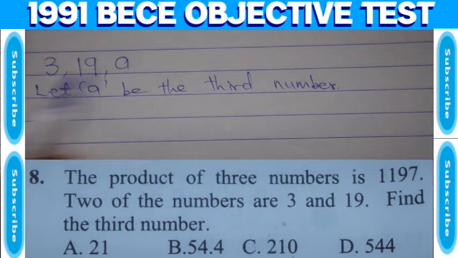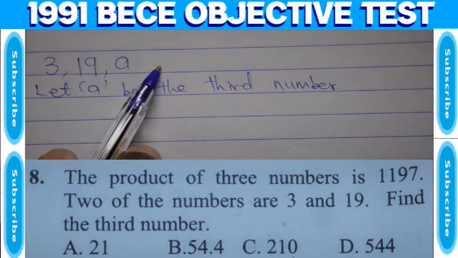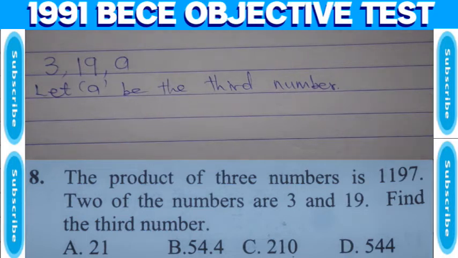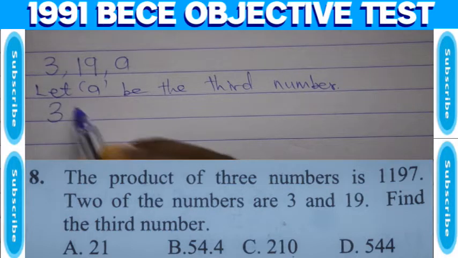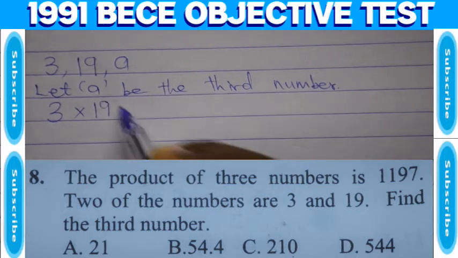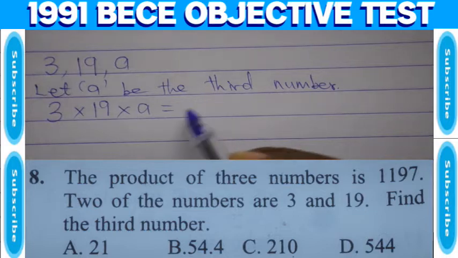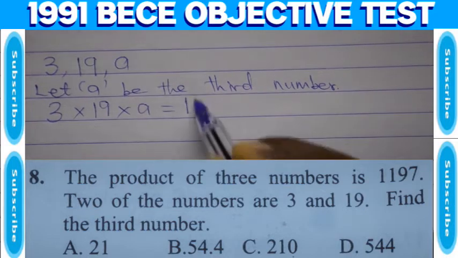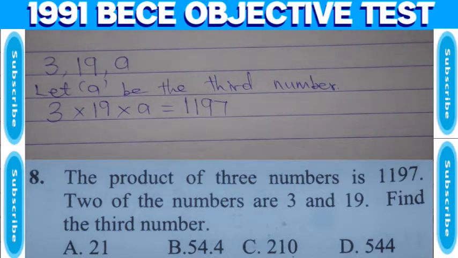So let's multiply all these three numbers, and then the answer will be equal to 1197. So we have 3 multiplying 19 multiplying A, and the product gives us 1197. All these are numbers, but this is a variable. So let's multiply 3 by 19.